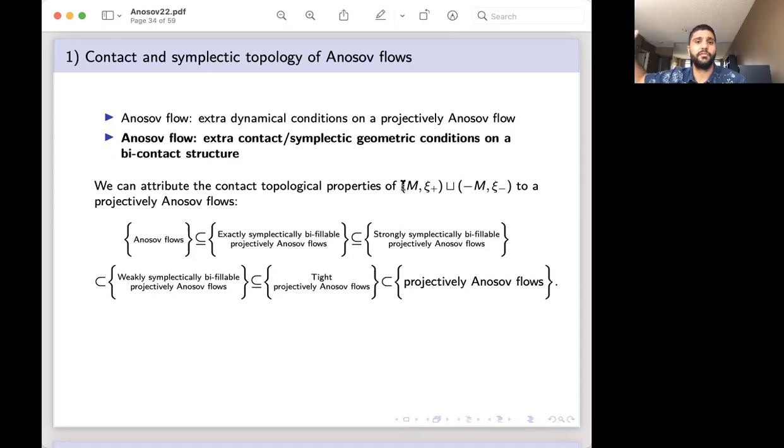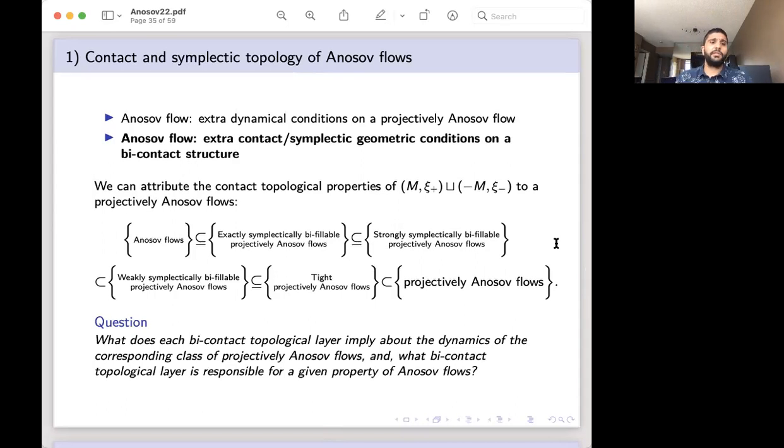On one hand, I have a very general class of projectively Anosov flows, which I know is abundant. There are actually infinitely many projectively Anosov flows even on the sphere. On the other hand, I have the very rigid case of an Anosov flow, which is rare and harder to find and classify.